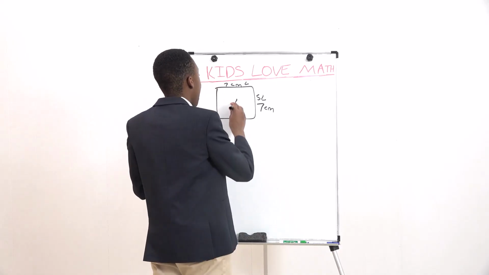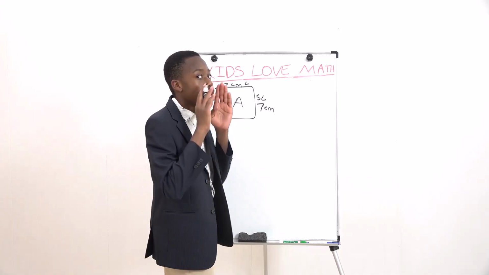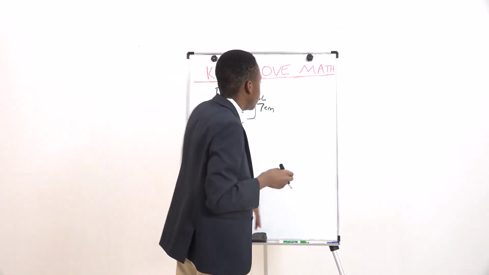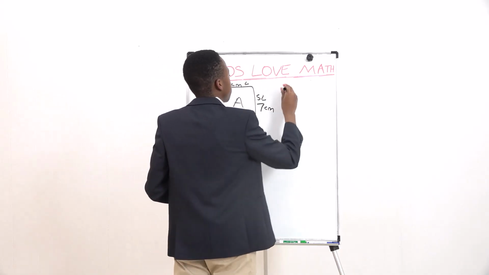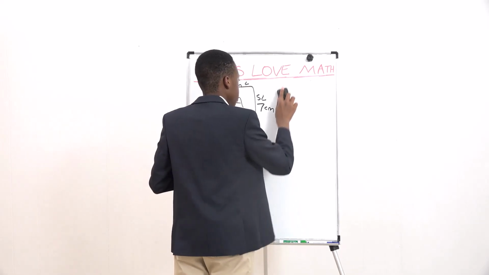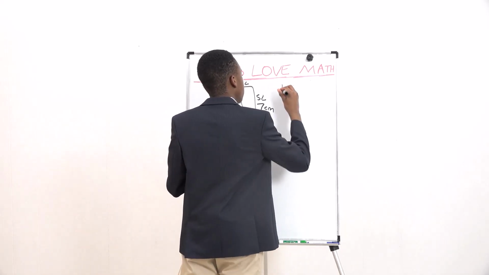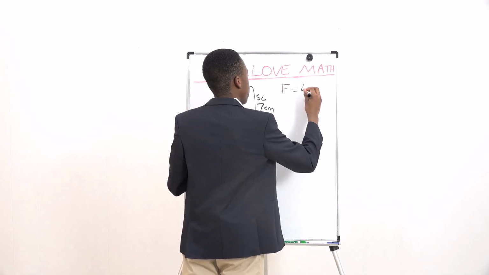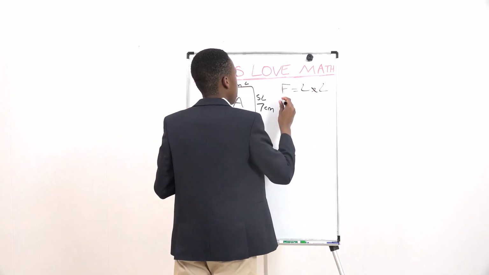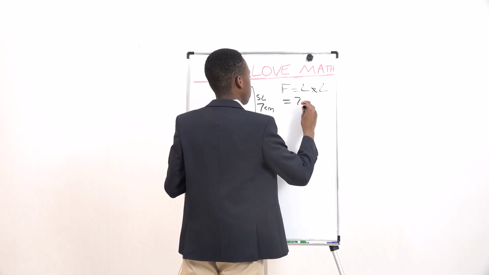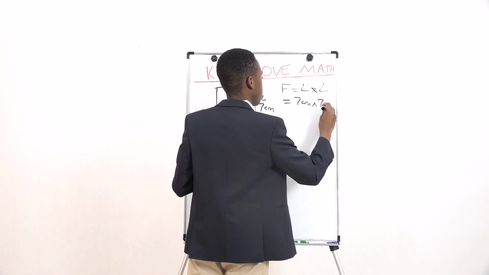We need to find the area. Okay, so we know the formula is length times length. We know that they're both 7 centimeters, so 7 centimeters times 7 centimeters.